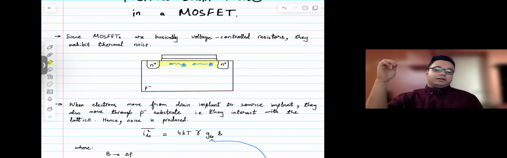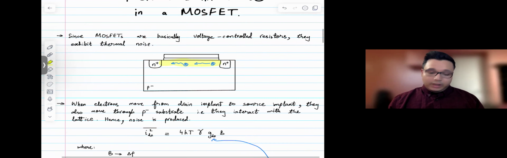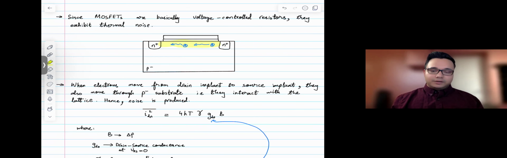And of course, they're not going to flow in a straight line like I've shown here. They're going to bounce around and have some sort of random motion while electrons, or charge carriers in general, pass through the channel, which causes thermal drain noise in a MOSFET. So again, similar idea as thermal noise in a resistor.